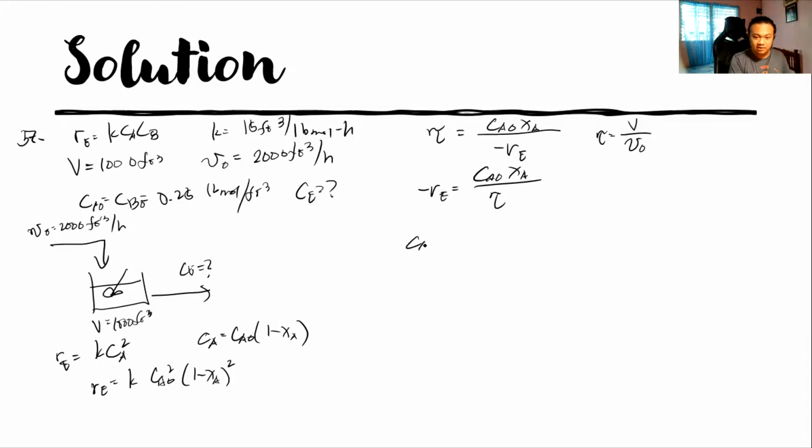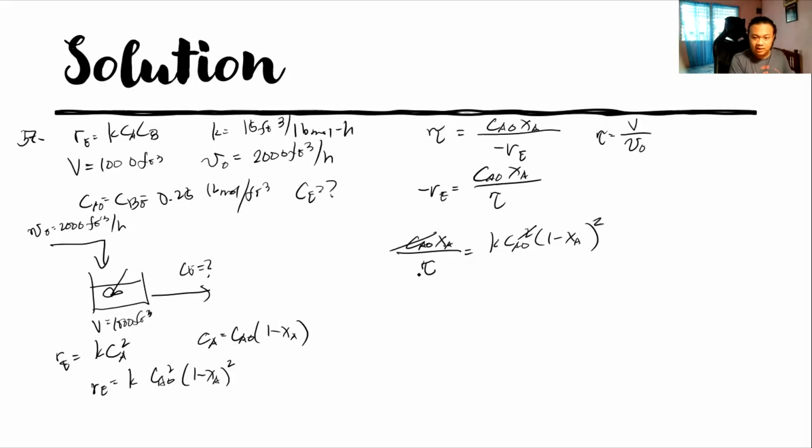Okay? Yan. So let's substitute these two. Diba? So we have CA0. So let's equate these two. So CA0 squared (1 minus XA) squared. Diba? And then you can cancel like terms here, and we are left with something.